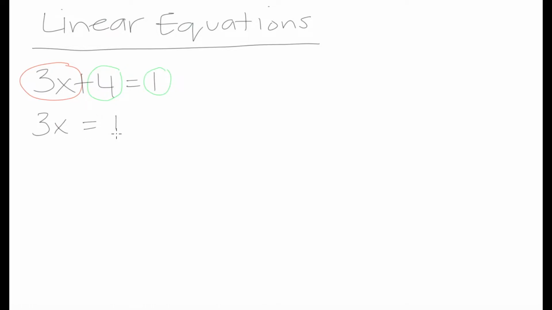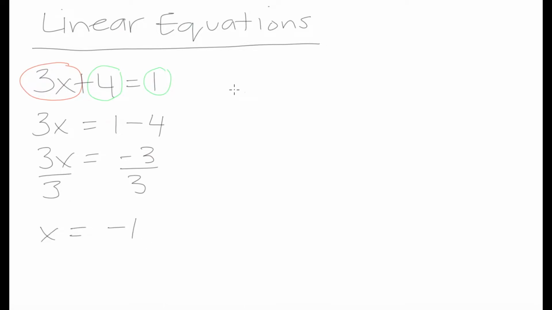So our 1 is remaining on the same side that it was, but now we're moving this plus 4 to the right side of the equation, so it's going to become a minus 4. And now we can solve either side, so 3x is equal to 1 minus 4 is negative 3. And now to solve for x, we have to divide both sides of the equation by 3. So if we divide both of these by 3, we're going to be left with x is equal to negative 1.